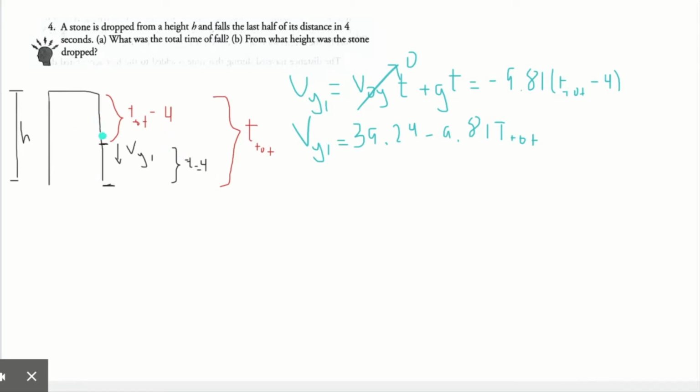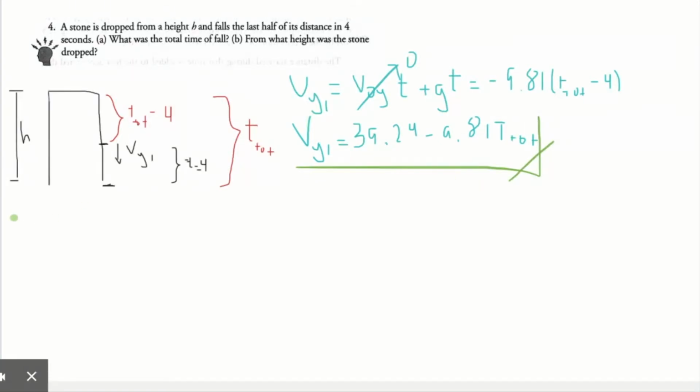We can also get some information with the whole motion. When it's at the bottom, the position on y will be minus h. This is the first part that we already have; we will use it later.